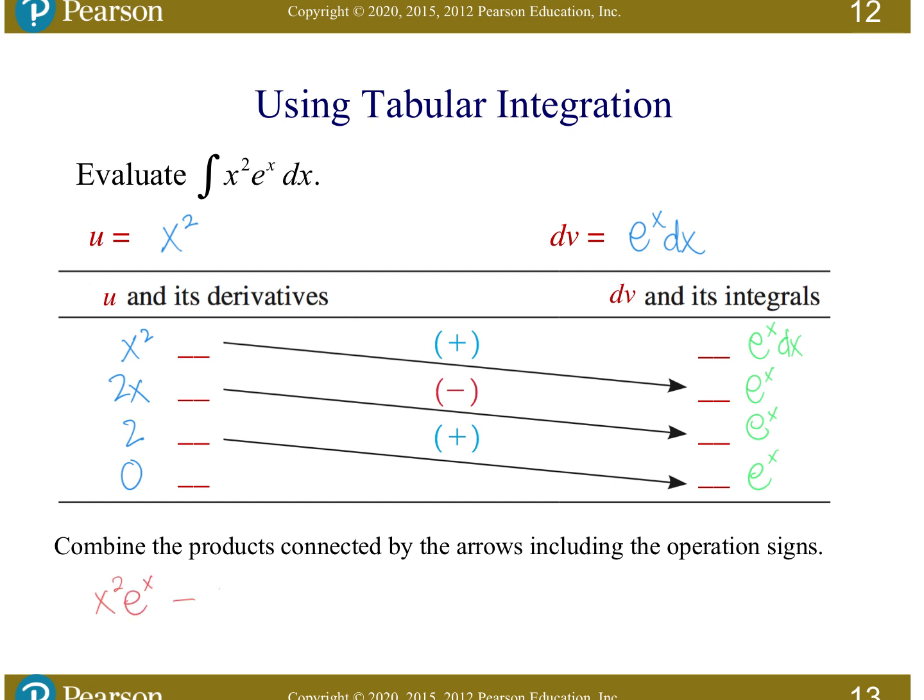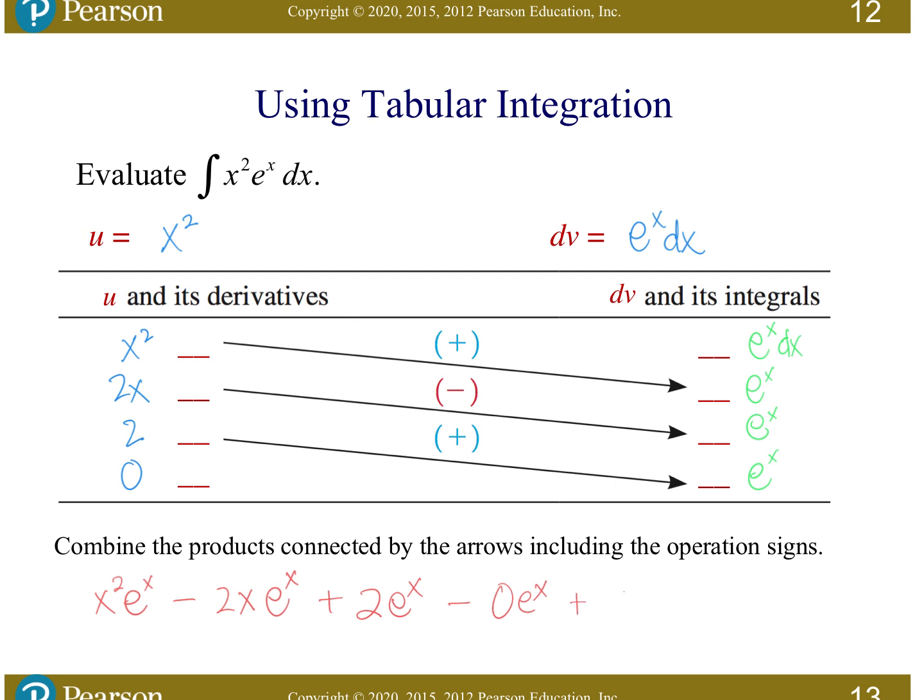And then 2x, which is the next one, will get paired with the next one, which is e to the x again. And then a plus. And then 2 will get paired with e to the x. And then a minus. And 0 would get paired with e to the x again, but 0 paired with anything is going to be 0. So that's not going to be a relevant part.